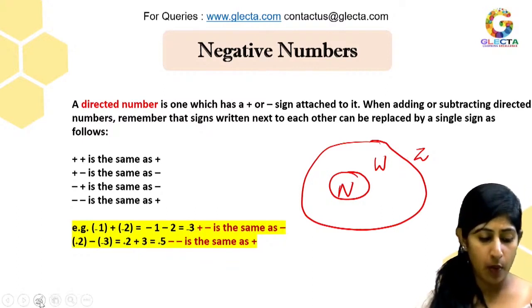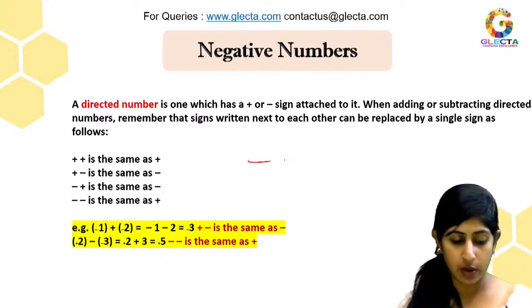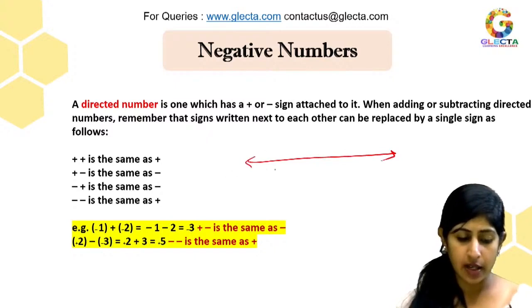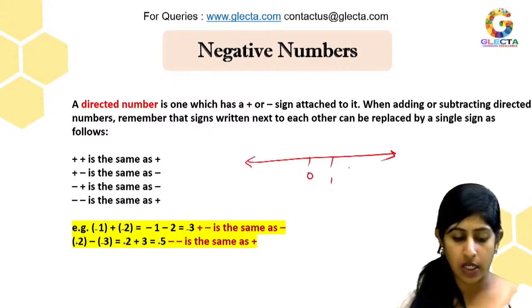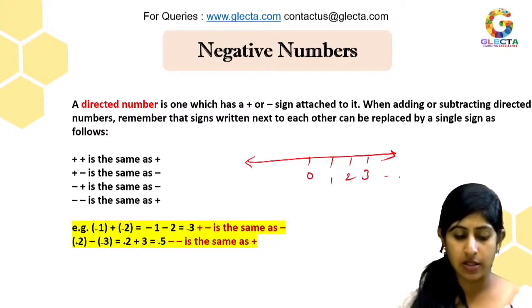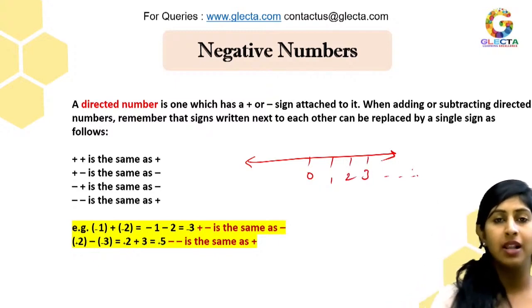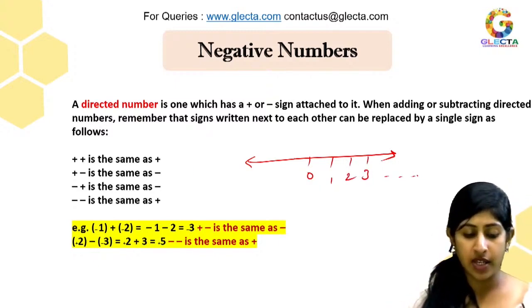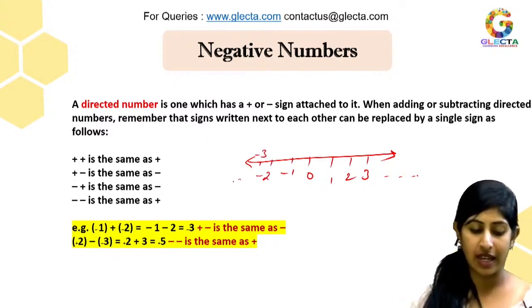For example, whenever I draw my number line, on the right side of 0, I have 1, 2, 3 and so on. But what happens to the left side of 0? On the left side of 0, I have negative 1, negative 2, negative 3 and so on.